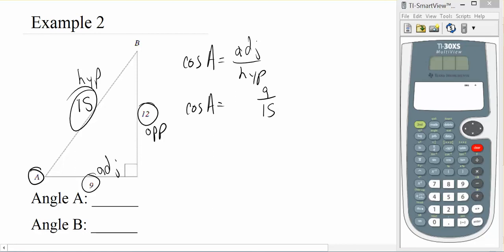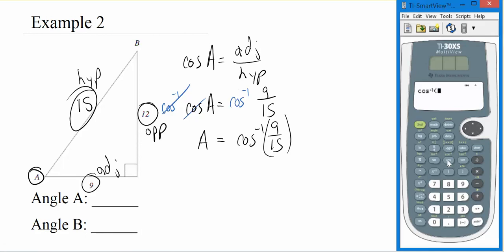Now again, to undo cosine, we need to take the inverse function. So we're going to take the inverse cosine of both sides. On the left, the inverse cosine and the cosine undo one another, leaving just the A. And then we get inverse cosine of 9/15, which we're going to put in the calculator.